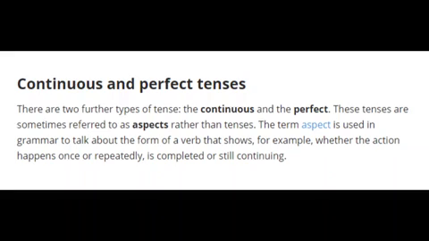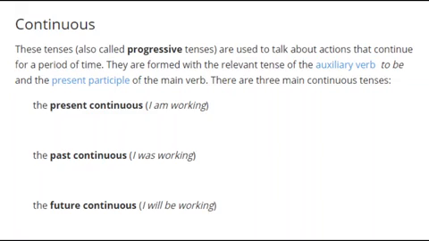So, I'm going to explain more about continuous and perfect tenses. Let's have a look here and see what the uses of continuous and perfect tenses are. Now we are in the continuous tenses. Let's see what the uses of continuous tenses are and how and where we use them.